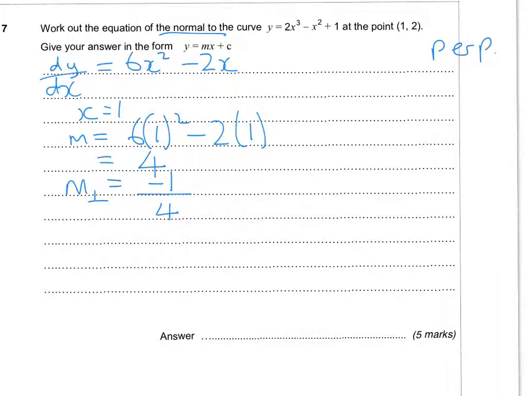Now I want y equals mx plus c, so y equals negative 1 quarter x plus c, through the point (1, 2).